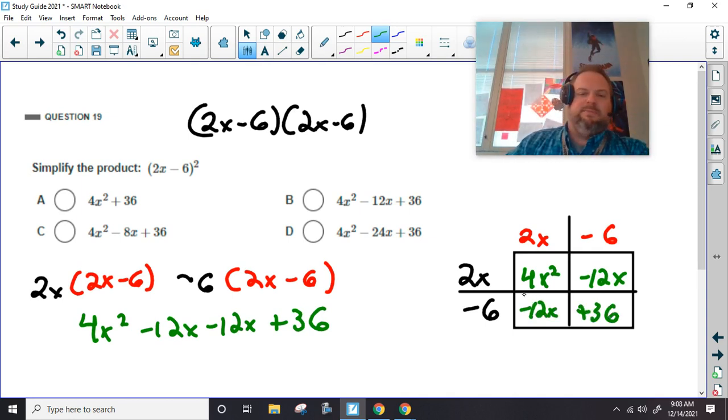All right, these 12x's will combine. So it's not this one, it's not this one, it's not this one.